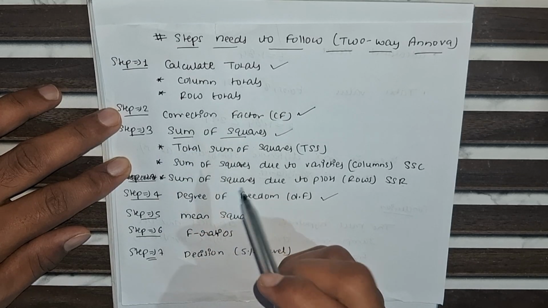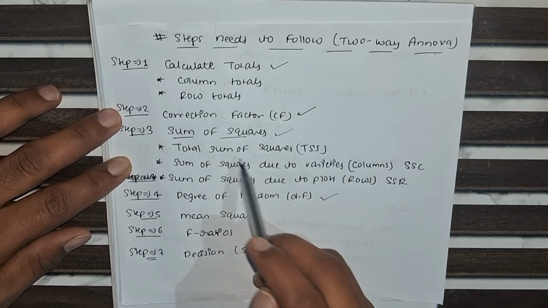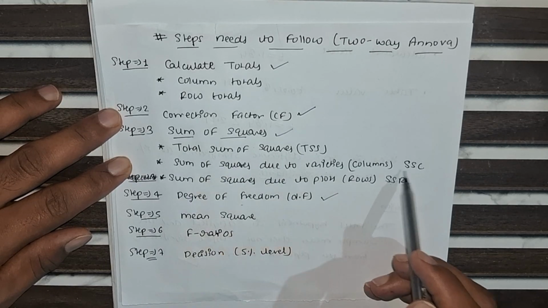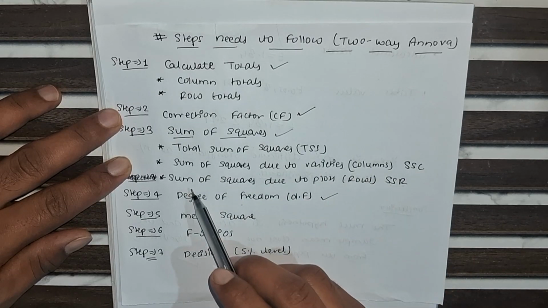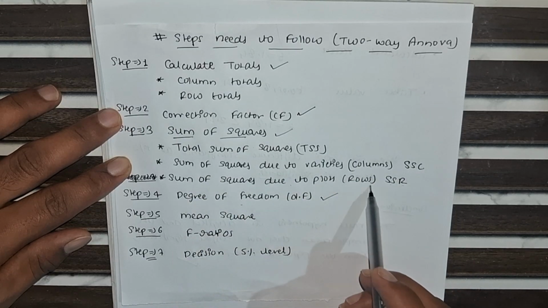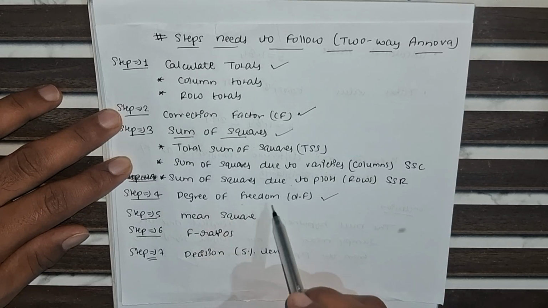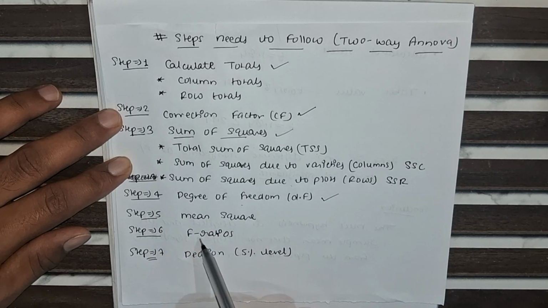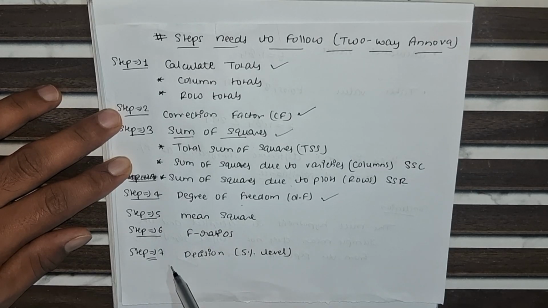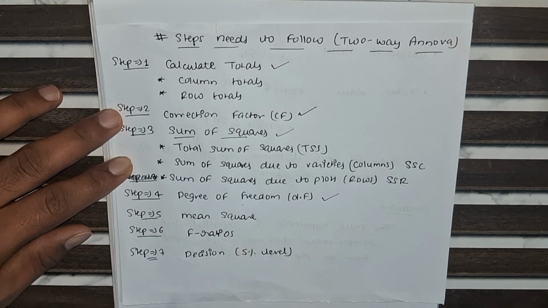Here we have to find TSS, the total sum of squares, SSC, the sum of squares due to varieties, which means columns, and sum of squares due to plots, which is rows, SSR. Now move to our fourth step, which is degrees of freedom, DF, step 5 is mean square, step 6 is F ratio, and the last step is decision at 5% level of significance. So let's solve this step by step.